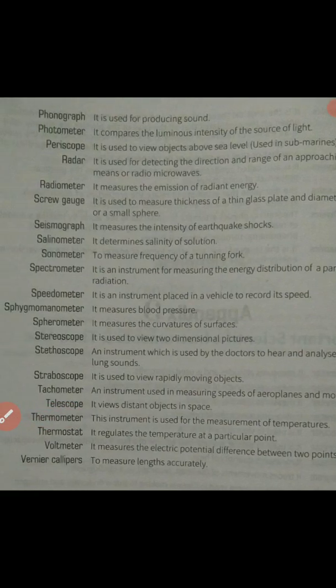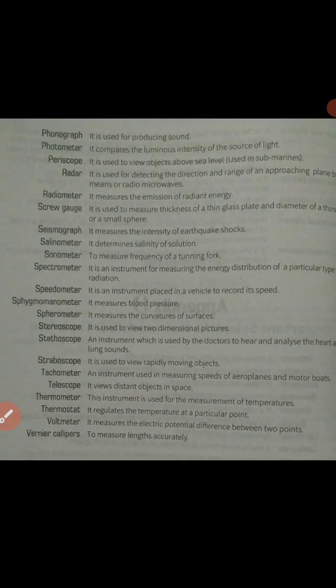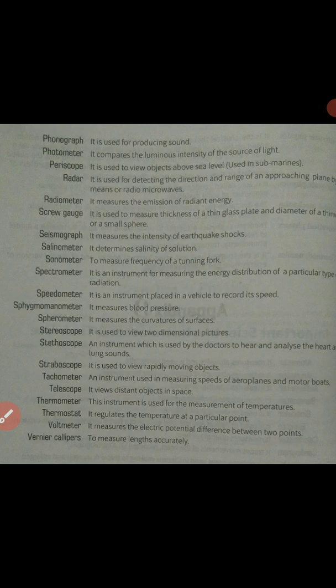Then speedometer. In our vehicles, we can also find another meter which is speedometer. Actually, when we accelerate our vehicles, the speedometer shows high speed, and when we decrease our speed, then it shows low speed.